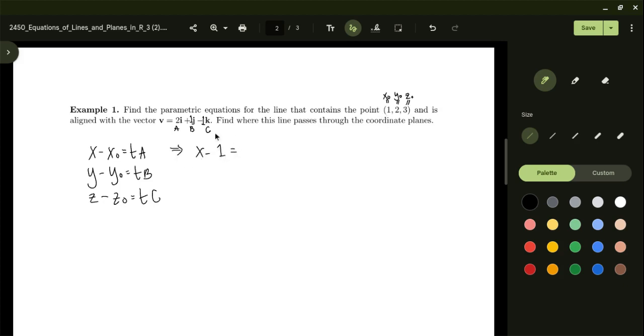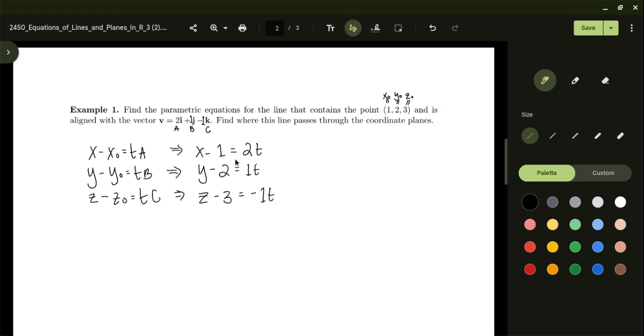And our a we have is 2. Our y naught was 2. And our b is a +1. And then our z naught is 3. And c is -1.